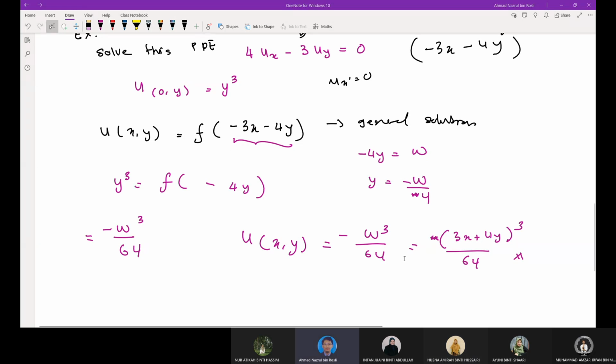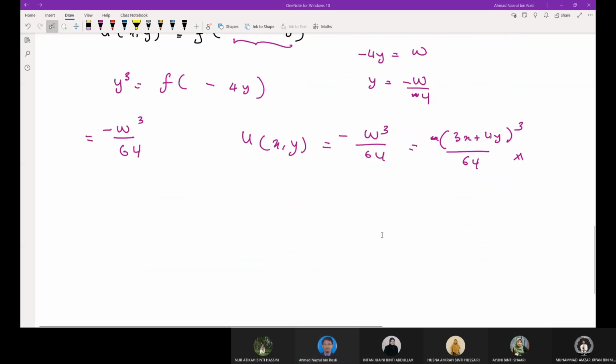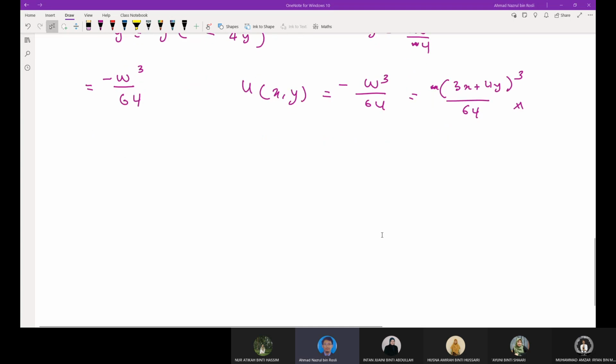Okay, so this will be next. Next question. So 2ut plus 3ux equal to 0, and then you're given u equal to sin x for t equal to 0.